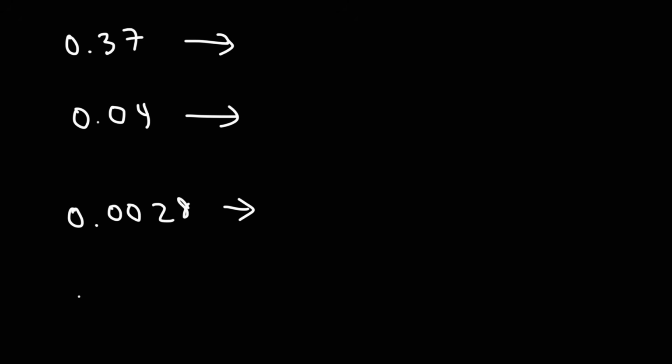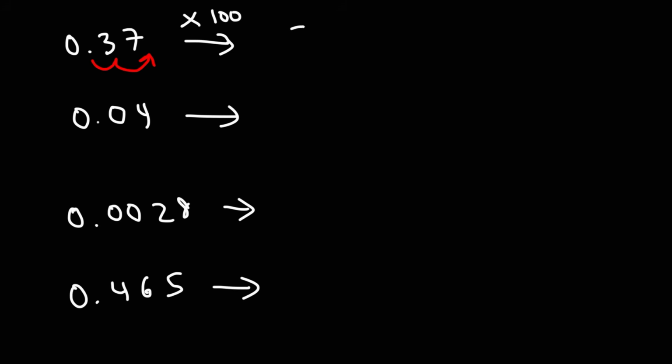Now, go ahead and convert the following decimal values into percentages. In order to convert a decimal back to a percentage, multiply by 100, or move the decimal point 2 units to the right.